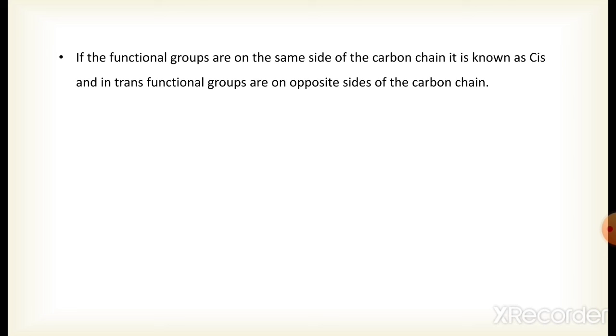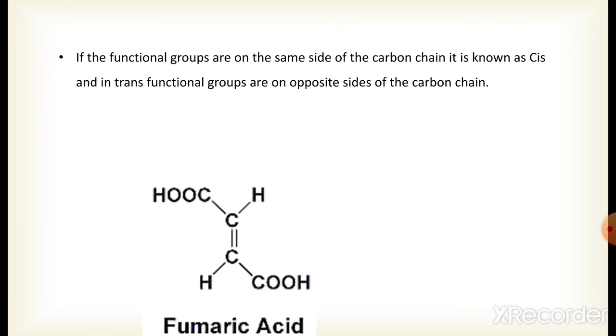And in trans isomer, the functional groups are present on the opposite side of the carbon chain. In cis, the functional groups are present on the same side, while in the trans, the functional groups are present on the opposite side of the carbon skeleton.